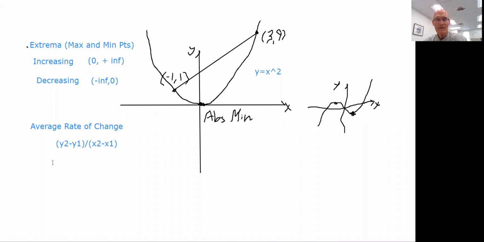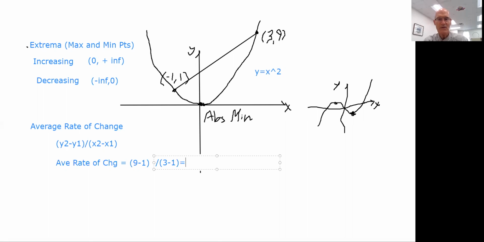So I will come down here and put the average rate of change equals, okay, y2 is going to be 9 minus y1, which is 1. So you see the 9 here and the 1 here, and we divide that by x2, which is 3, minus x1, which is 1.